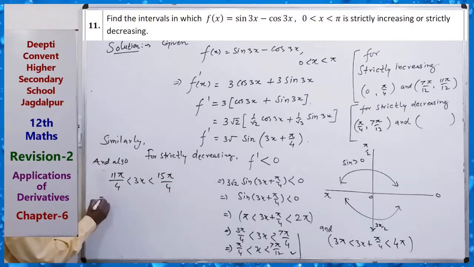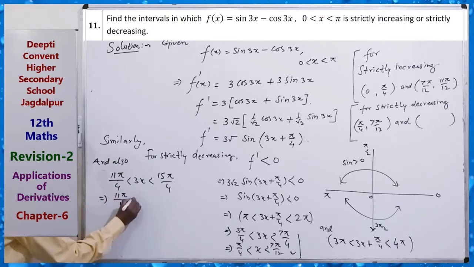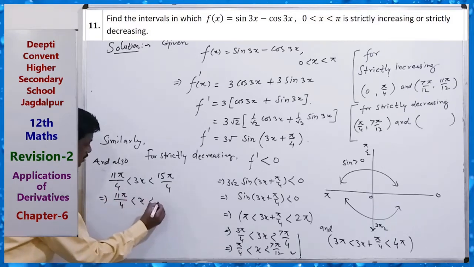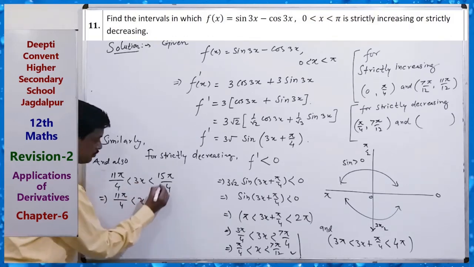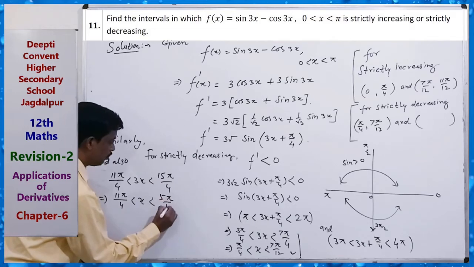So divide by 3. Then 11 pi by 12 is less than x less than 5 pi by 4.